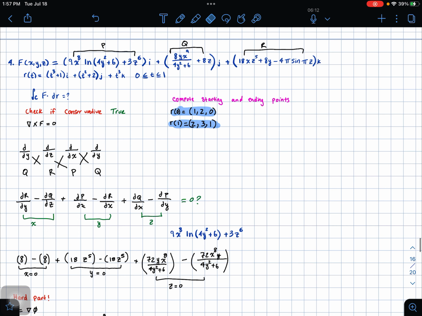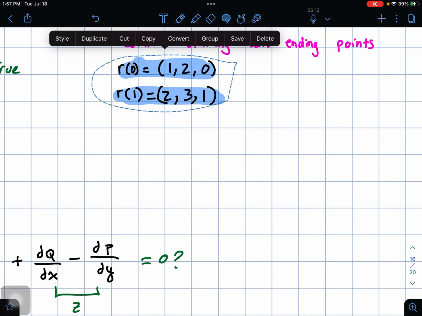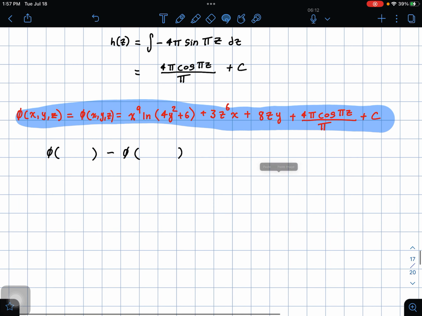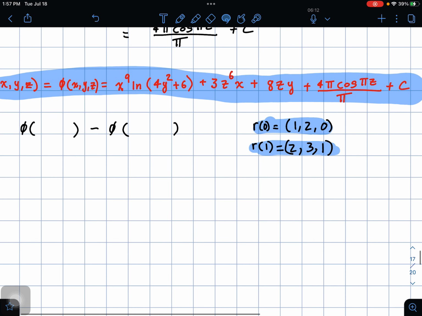It's end point minus starting point. Our ending point is 2, 3, 1, and our starting point was 1, 2, 0.